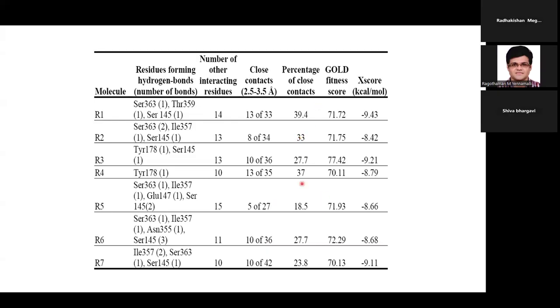And when you look at the percentage of close contacts and number of interacting residues, you see some patterns. But whether they are meaningful or not is system dependent. In this particular case, we found that they are pretty useful in validating that the computational method of docking is okay.